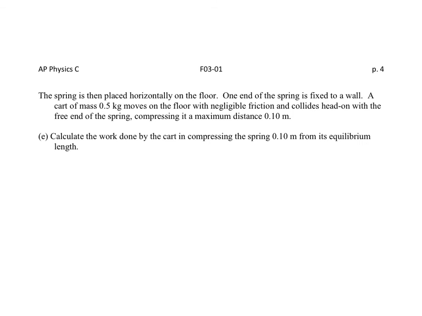Part E, calculate the work done by the cart in compressing the spring 0.10 meters from its equilibrium length. So here we're going to use the idea that the work is the integral of F dx.